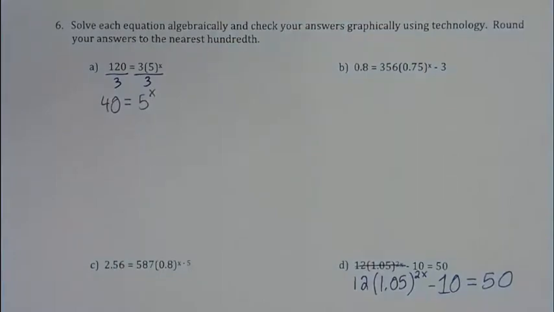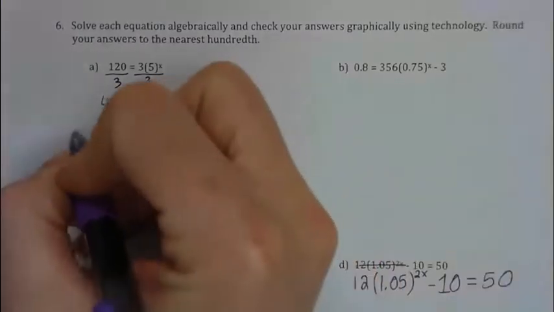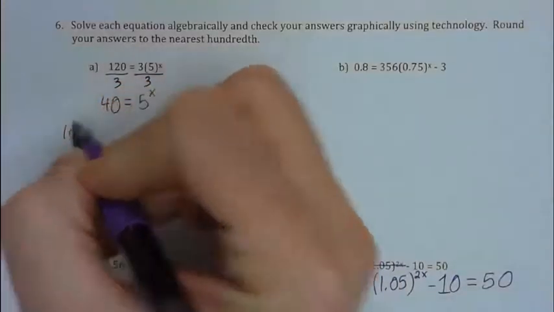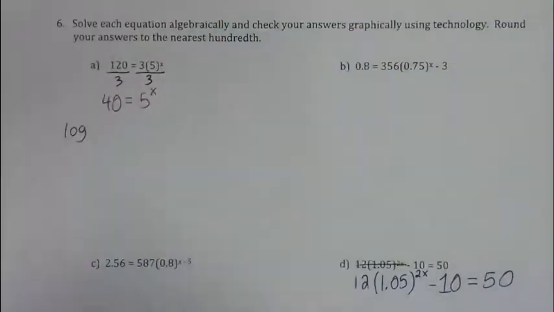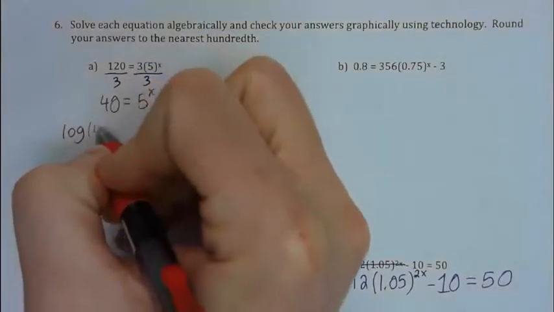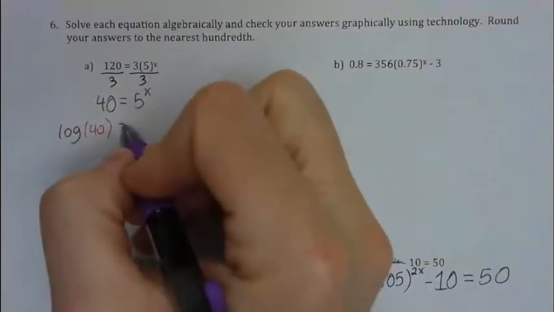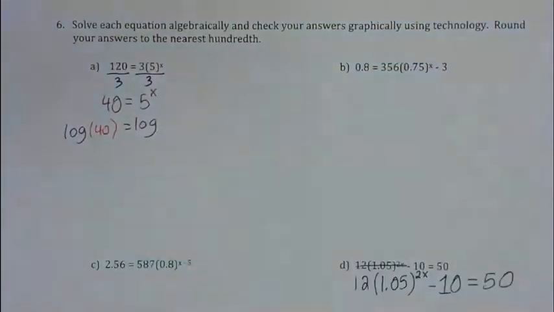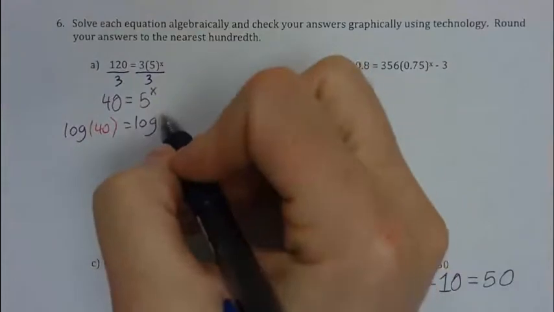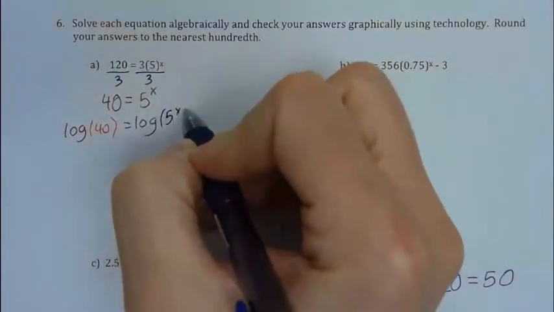When you are doing this, the easy way to approach it is by using log base 10. So I'm going to write them both as the log base 10 of 40, and then we have it equal to the log base 10 of 5 to the x.